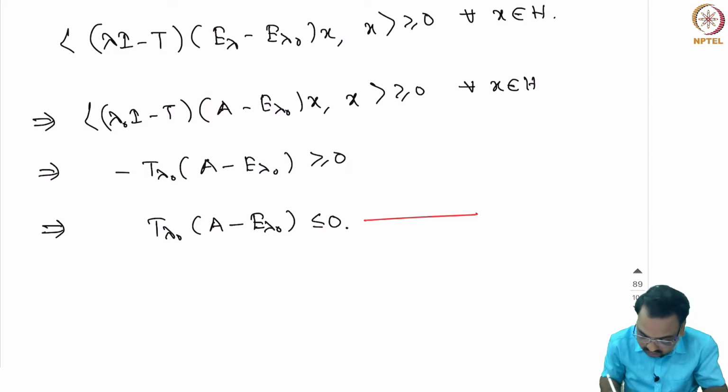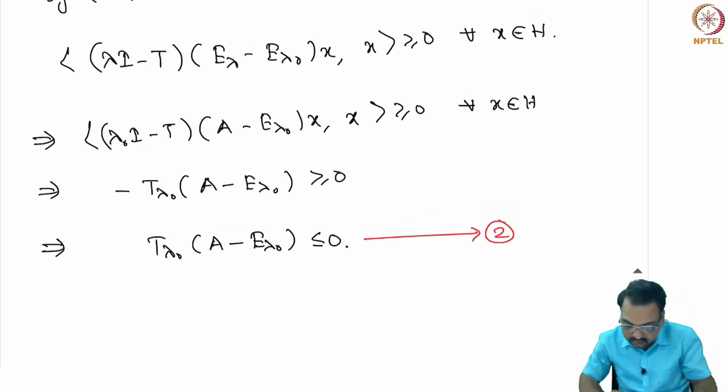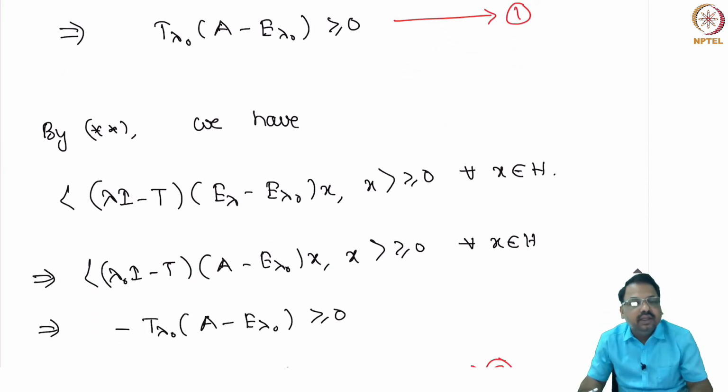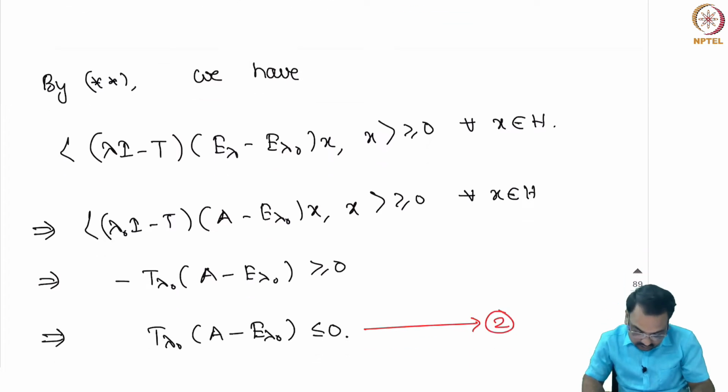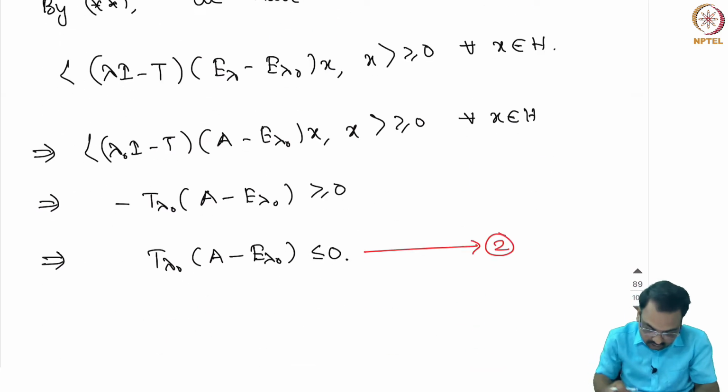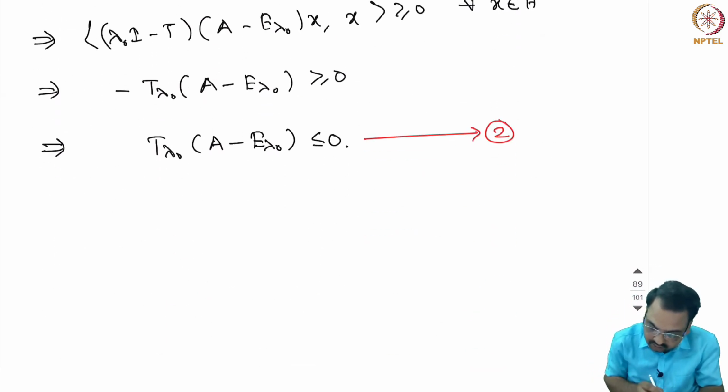So let us call this inequality 2. In the first inequality we have concluded T lambda naught into A minus E lambda naught is positive. In the second inequality we have shown that the same operator is negative. Hence by 1 and 2 we can say that the operator must be 0.